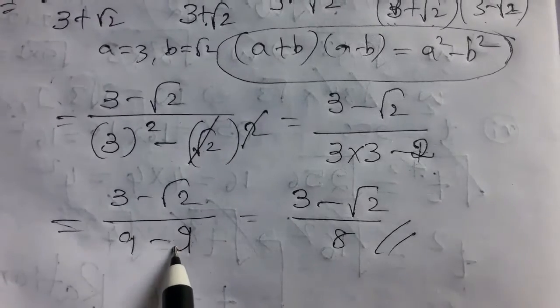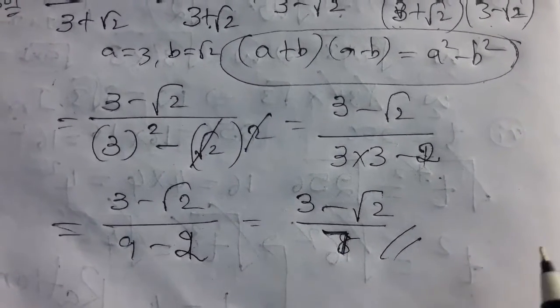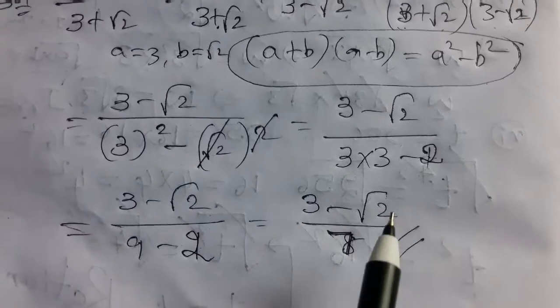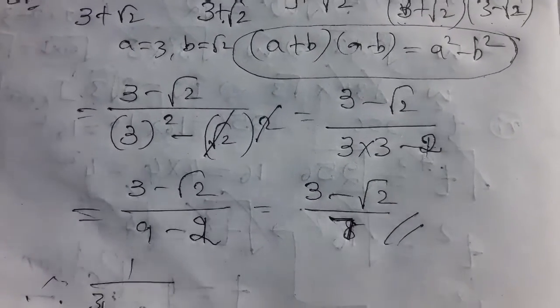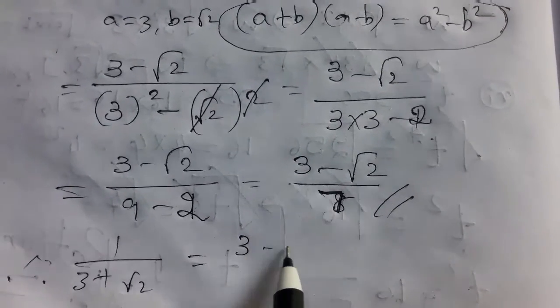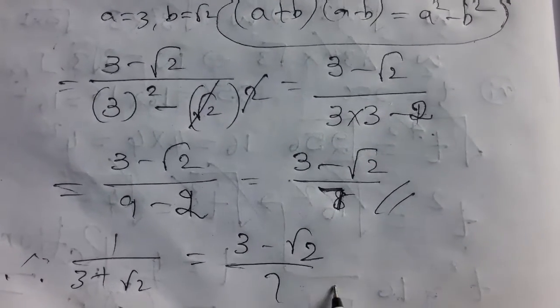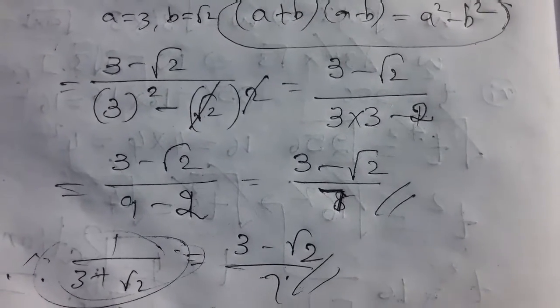So 9 minus 2, that means 3 minus root 2 by 7. So therefore 1 by 3 plus root 2 is equals to 3 minus root 2 by 7. This question we rationalize, we got the answer is this one.